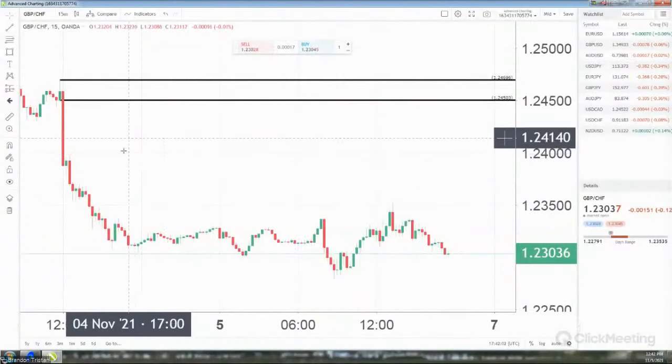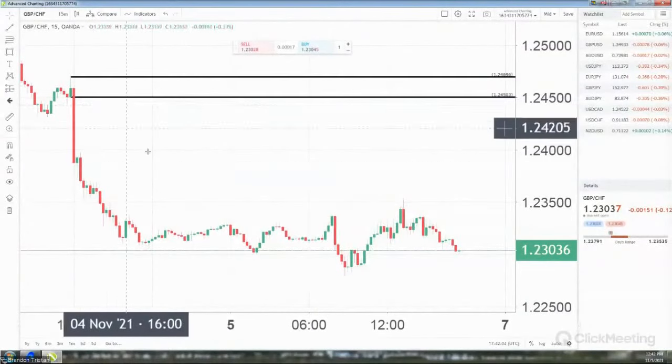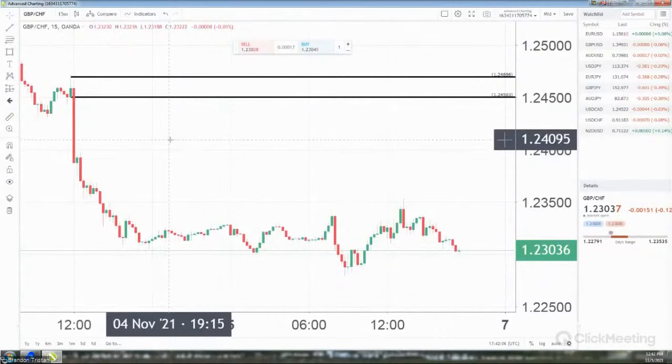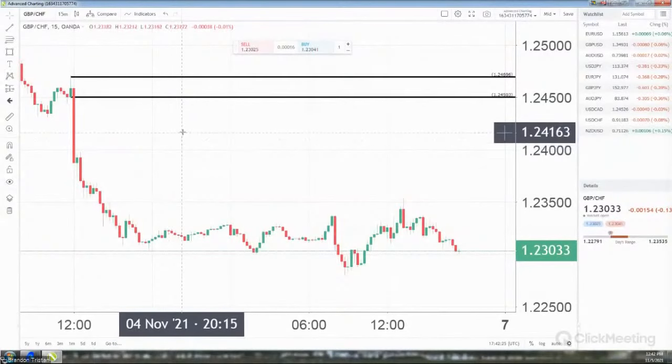Now, for one thing, if you're scalping, this is 15-minute for Forex. That by far could be a scalp. You can go into a lower time frame, maybe a 5 minute, and really narrow down your risk.